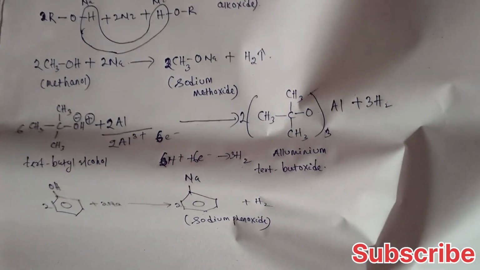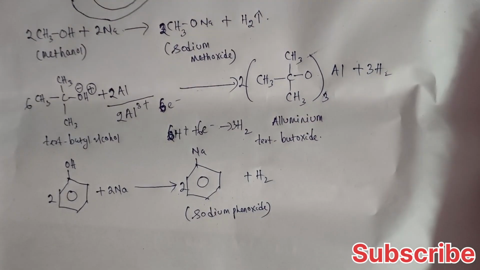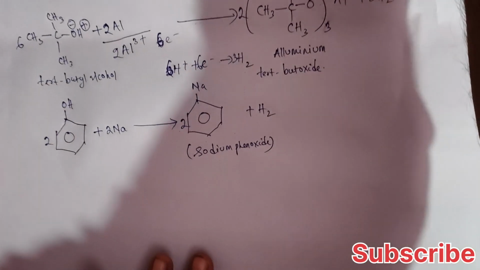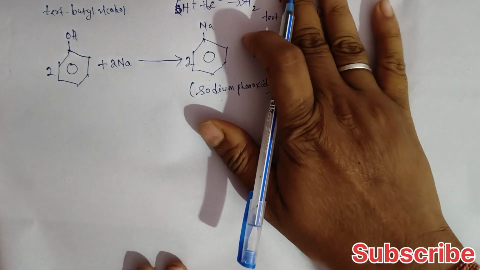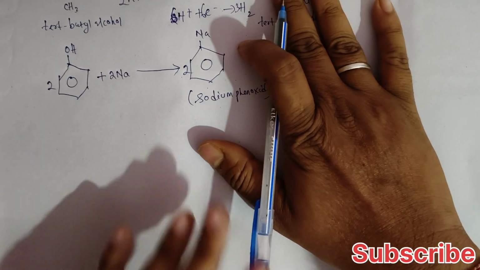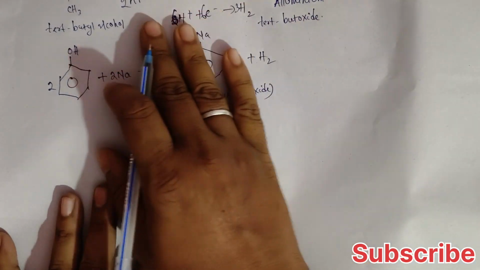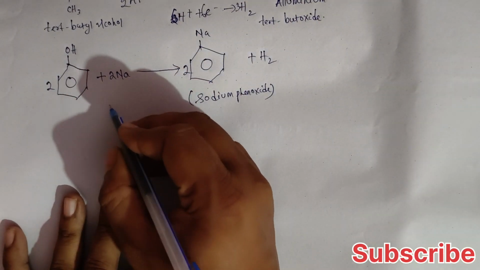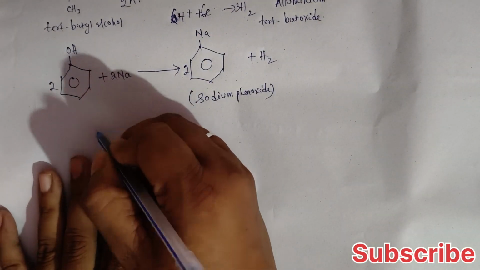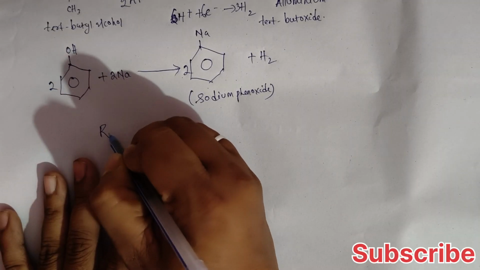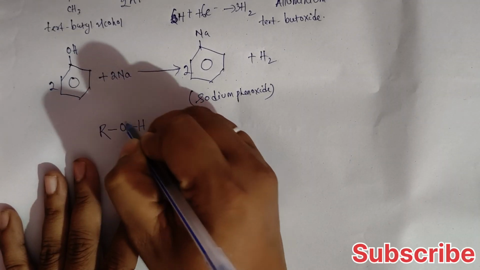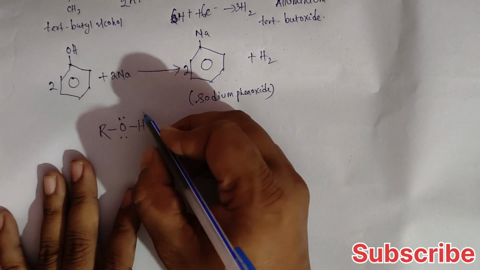So how this kind of reaction takes place. Now let me tell you a simple point here. All the alcohols normally contain lone pairs.